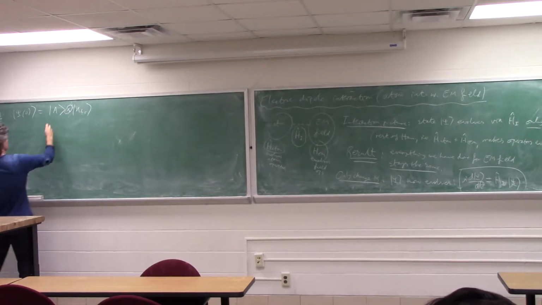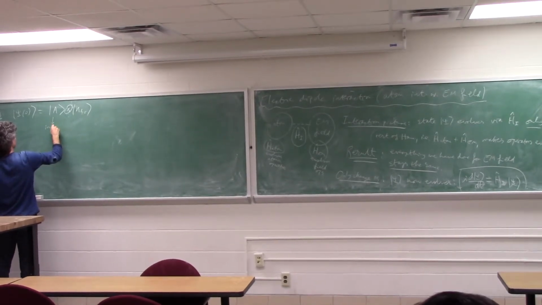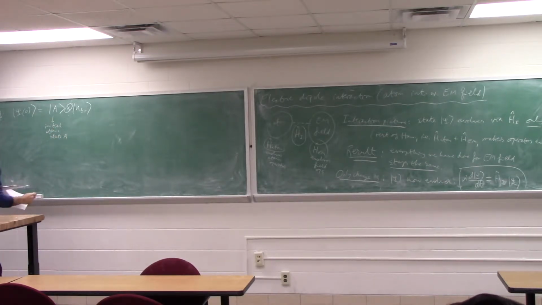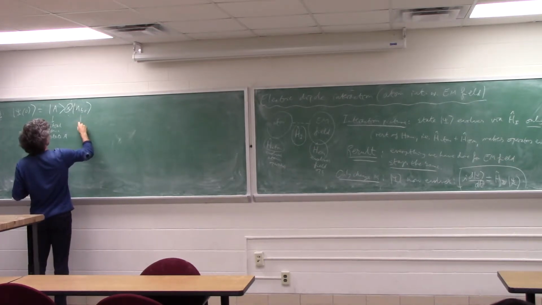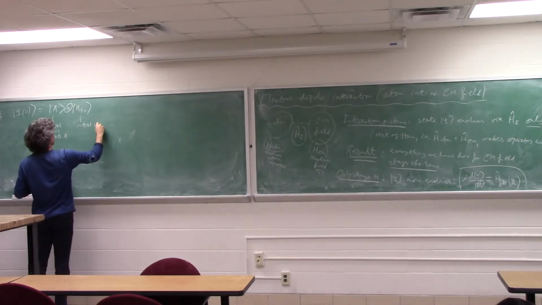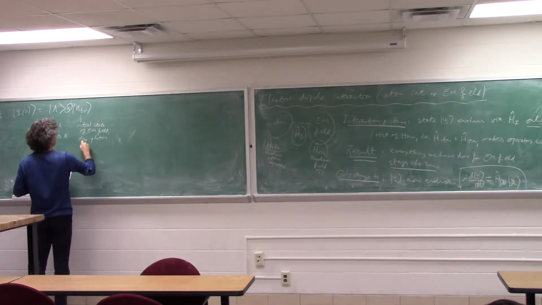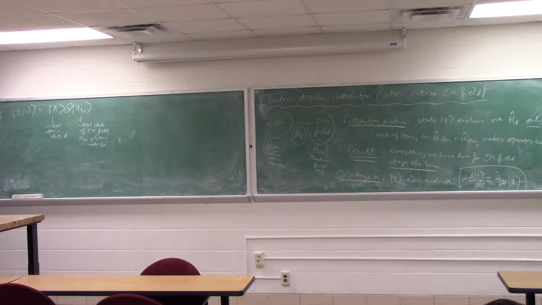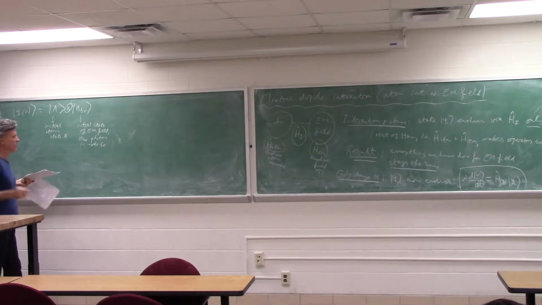So I have an atomic state, an initial atomic state. A might be some energy level, and we have the initial state of the electromagnetic field where you have n_kr photons in the mode kr. And it's understood that there's, well, let's assume that there are no photons in the other modes, but you don't have to.